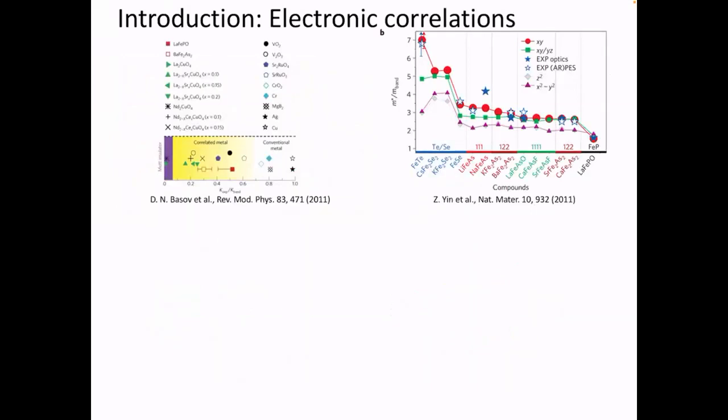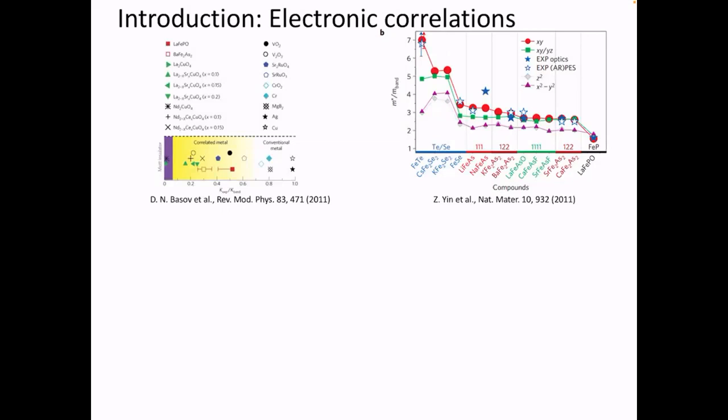Since very early days, we know that these materials are intermediately correlated, similar to the lightly doped cuprates. However, compared with cuprates, there's an additional degree of freedom, which is the orbital dependence of the electronic correlation, with the xy orbital being much more correlated than the other orbitals.